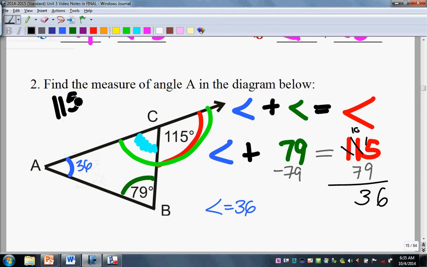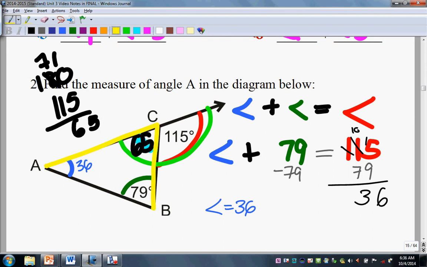Then we do 115 minus 180. You should have gotten 65 here. Your check is to take all three of these angles and add them up to 180. That's your double check. So we have a 65, 36, 79. We add them up. This is going to be 20. That's 8, 9, 10, 11, plus 7, 180. There's your check.